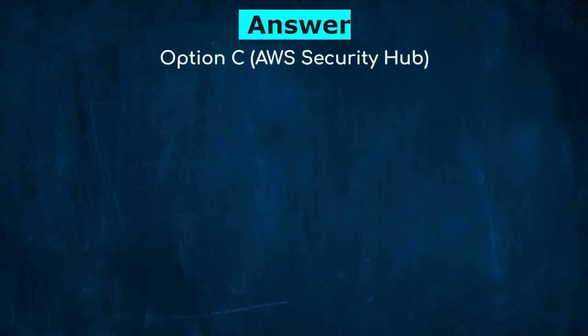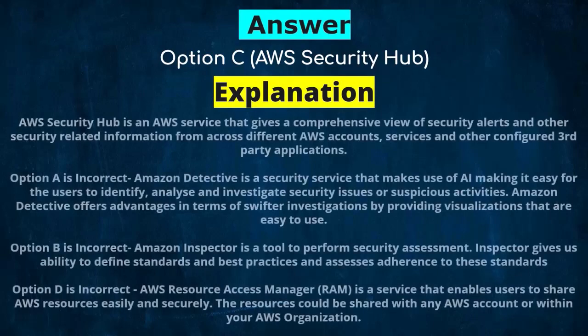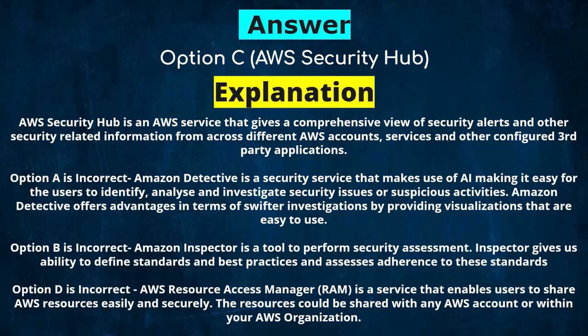And the correct answer is option C. AWS Security Hub. Explanation. AWS Security Hub is an AWS service that gives a comprehensive view of security alerts and other security-related information from across different AWS accounts, services, and other configured third-party applications.